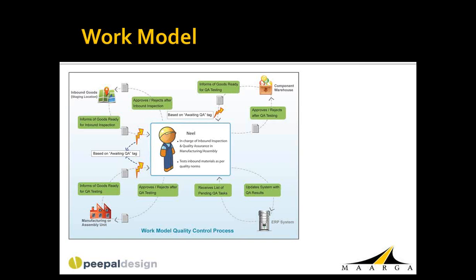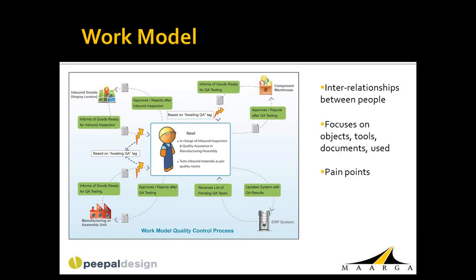So we're trying to capture the interrelationships between people, because work doesn't typically, especially in enterprises, it is always a collaborative activity, right? We are trying to identify what the pain points are, where are the breaks in the processes, and we are trying to design something that will enable the user to do things quicker, faster, right?